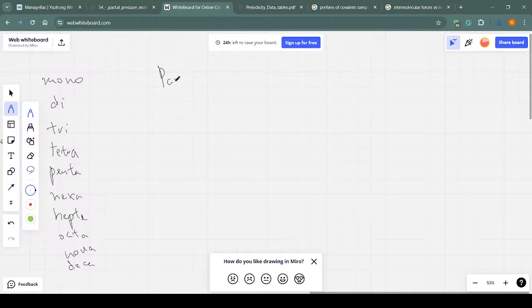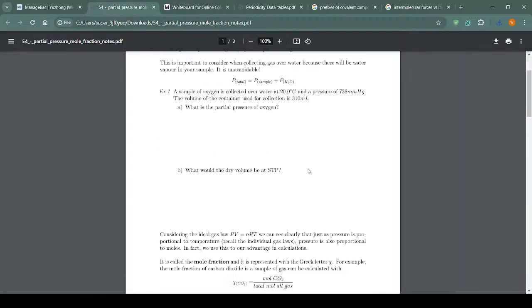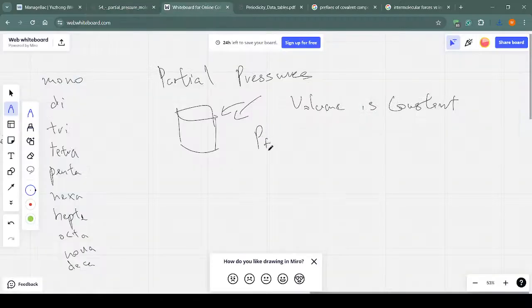So, partial pressures. When you're adding stuff to a container, even if you put more molecules in, the volume is not going to change. So volume is constant. If two or more gases are mixed, P total equals PA plus PB plus PC. And you can calculate each of these using PV equals nRT.